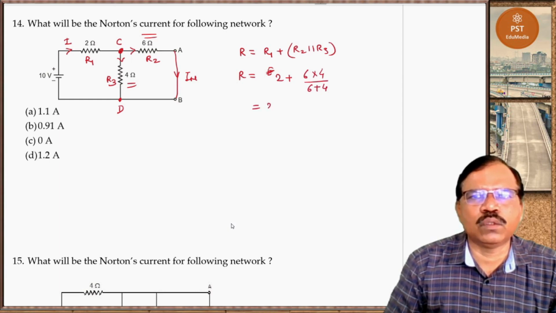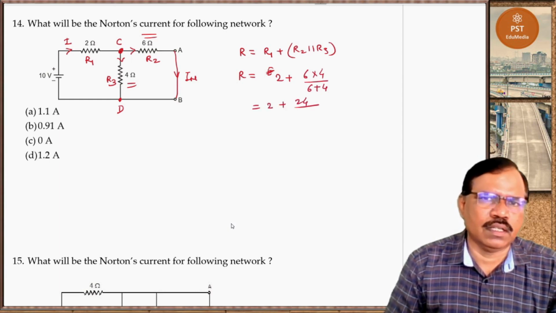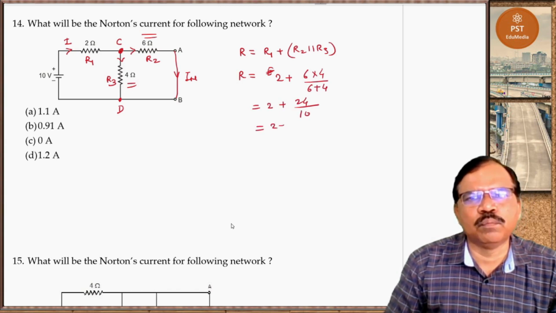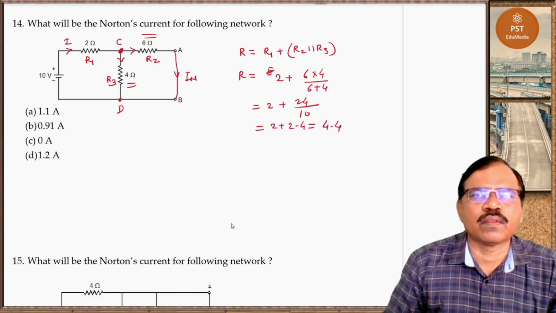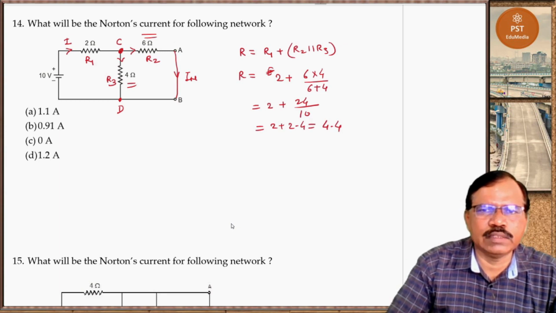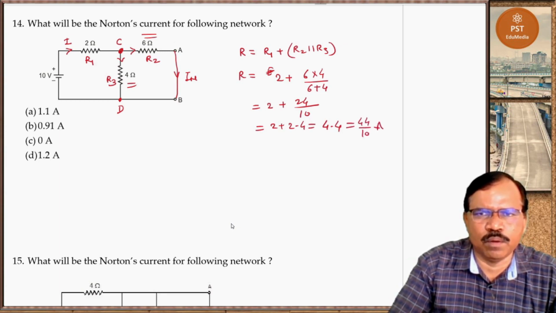So you will get 2 plus 24 upon 10, so 2 plus 2.4, that is 4.4.